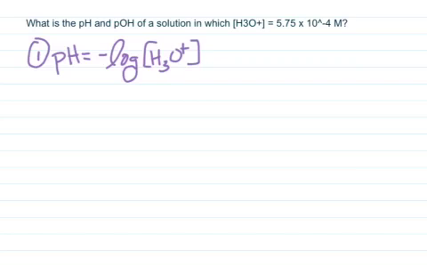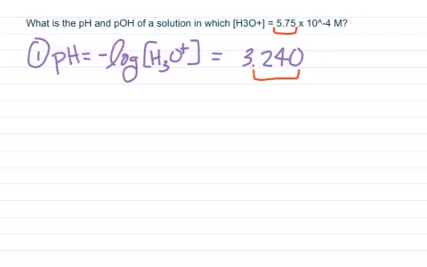So when we plug in that number, we're going to get 3.240. Now here's where the sig figs come into play. As you can see, we have 3 significant figures for the molarity. Well, for the pH, you need to have the same amount of significant figures after the decimal. So you need to have 3 significant figures for the pH.